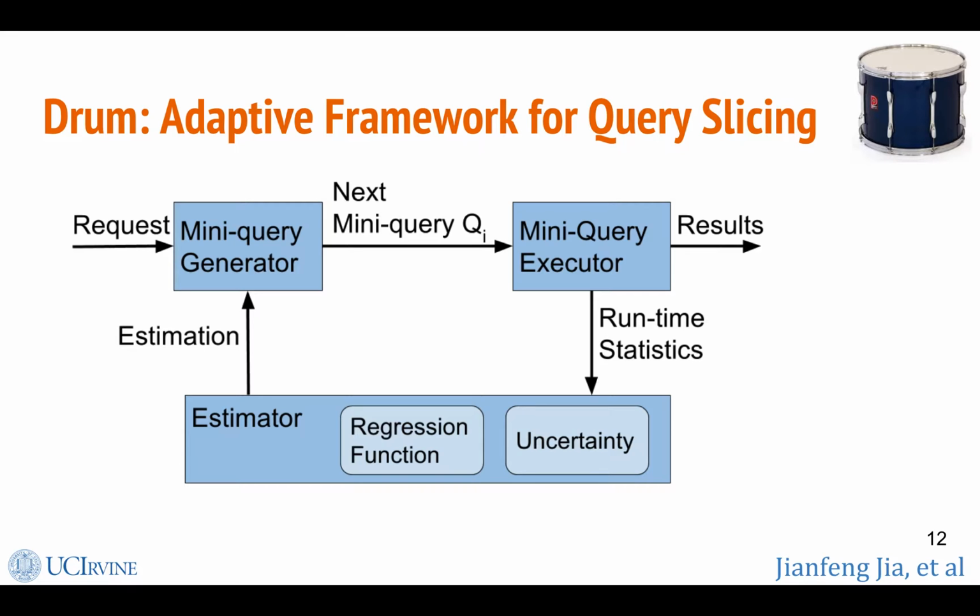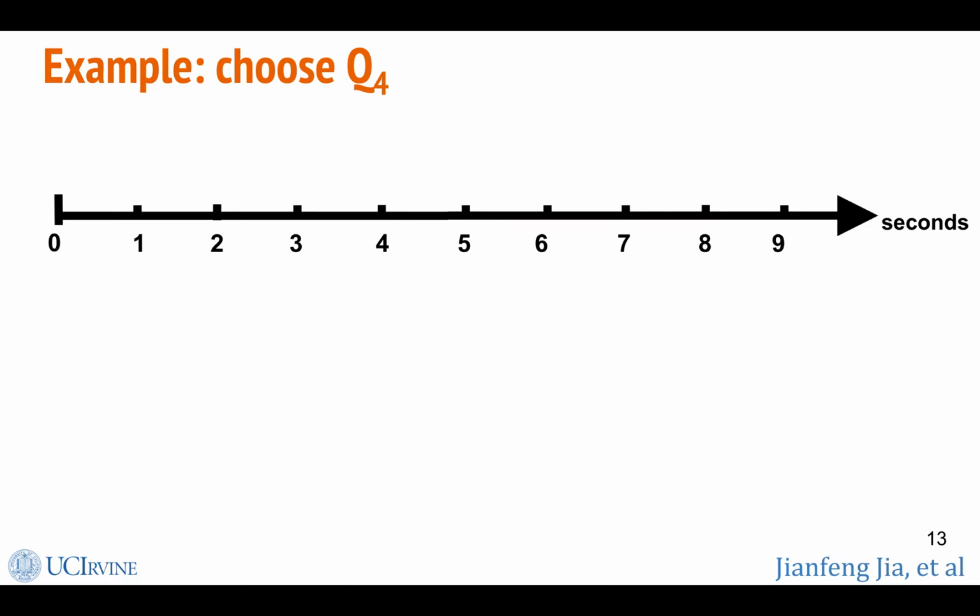Specifically, we use a regression model to capture the relationship between the size of the range and the mini query running time, and we also use an uncertainty model to measure the confidence of this regression function. Next, we go through an example to illustrate how the DROM framework works.